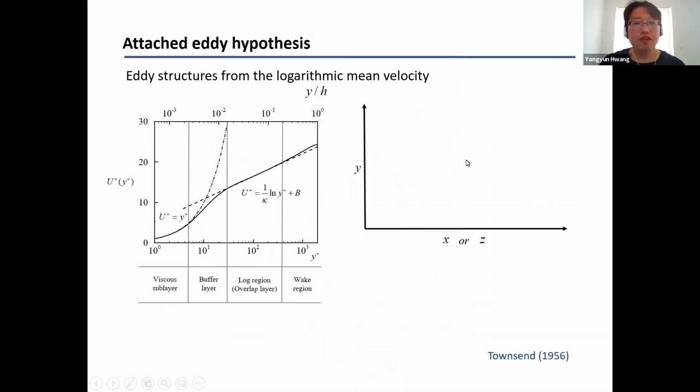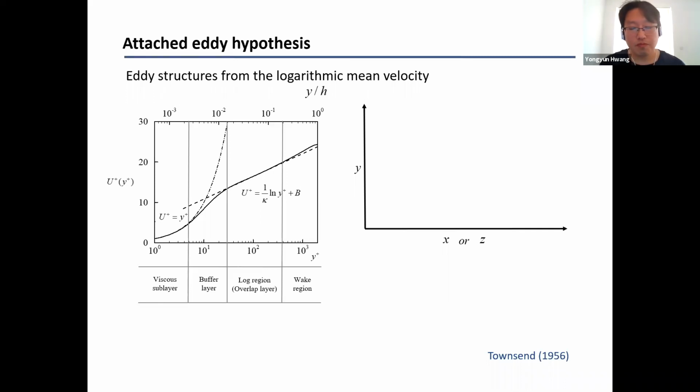So when you accept the log law, then you can deduce the kind of eddy structures in the log layer. That was exactly what Townsend did roughly half a century ago, and that is called the attached eddy hypothesis.